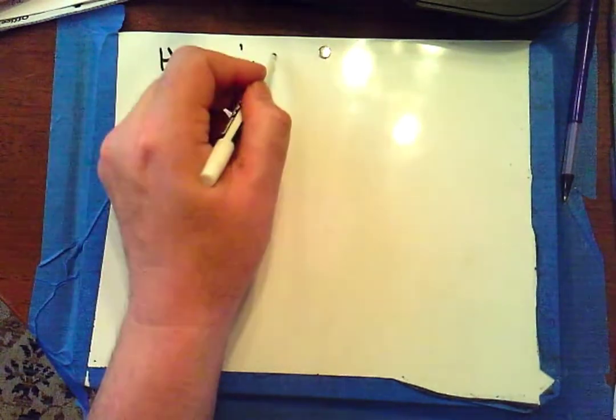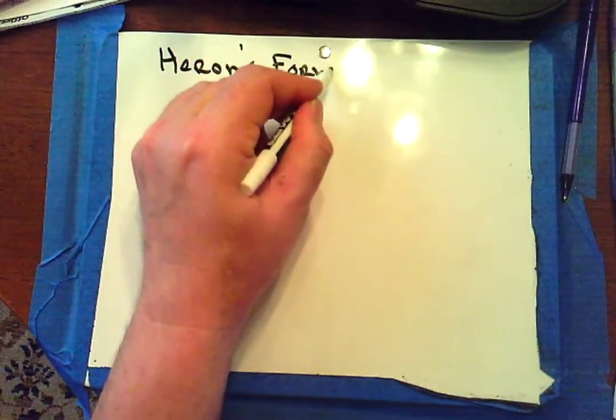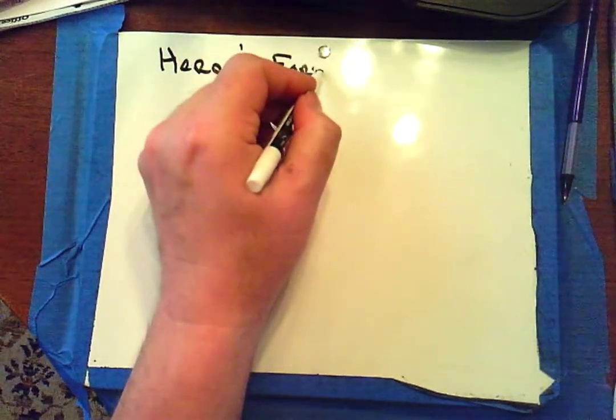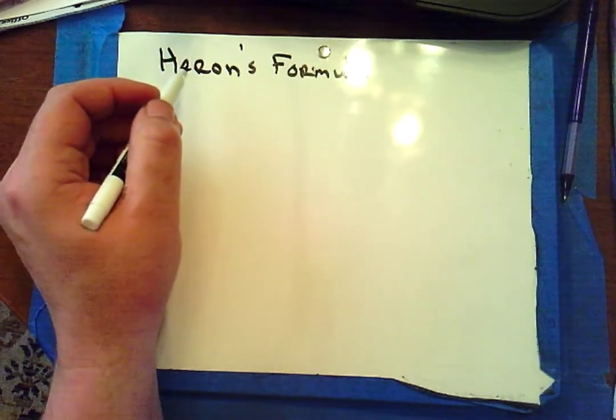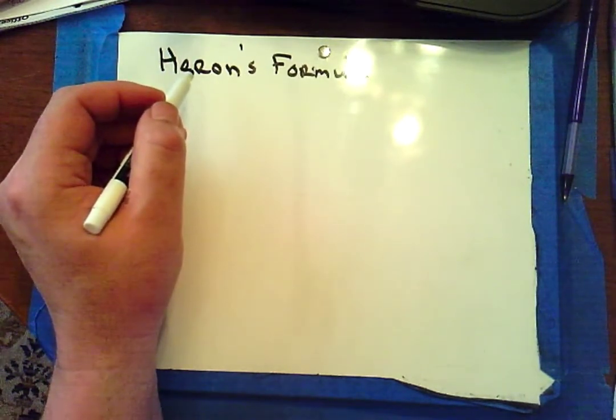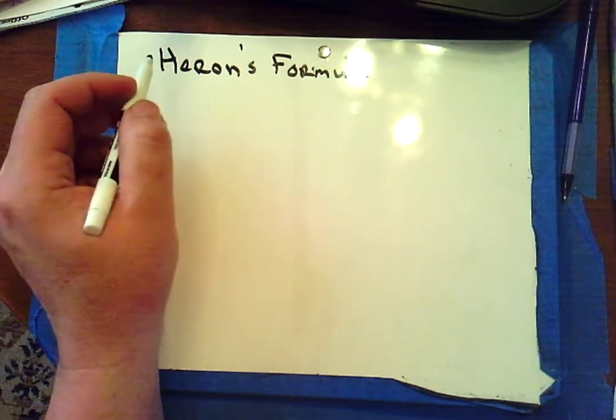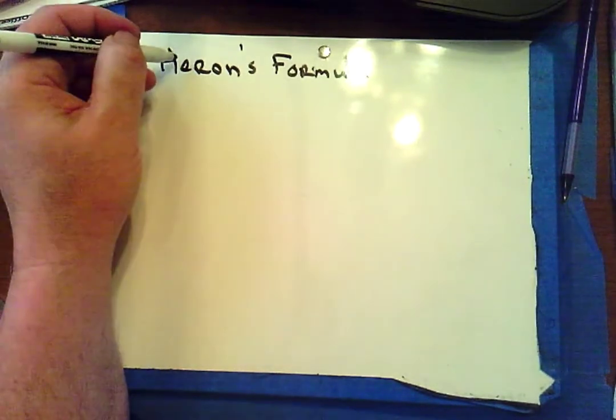But today I want to talk about an area formula. It's quite old. It's Heron's formula. The derivation is easier than the derivation for the law of cosines, but not as easy as the derivation for law of sines.